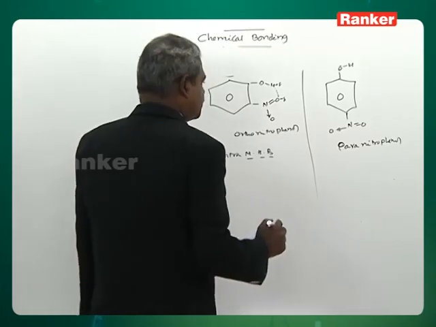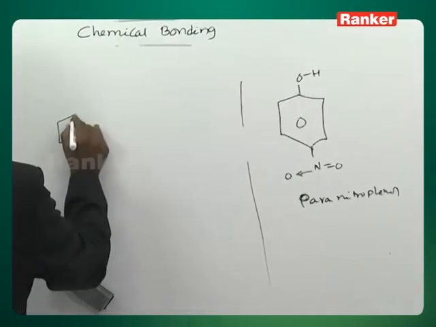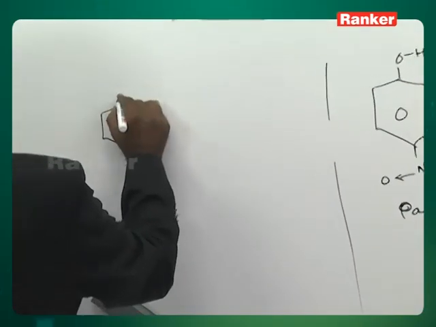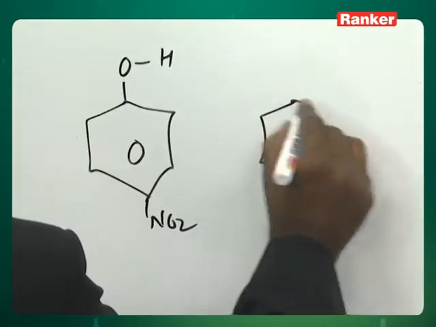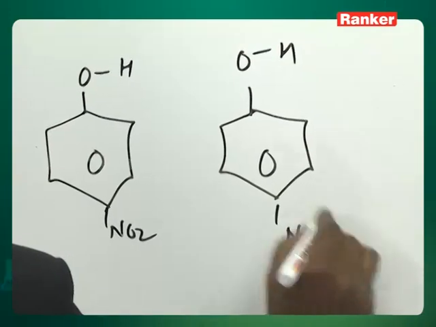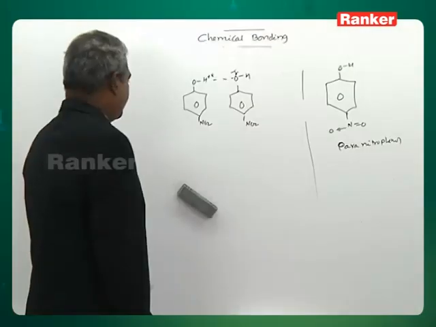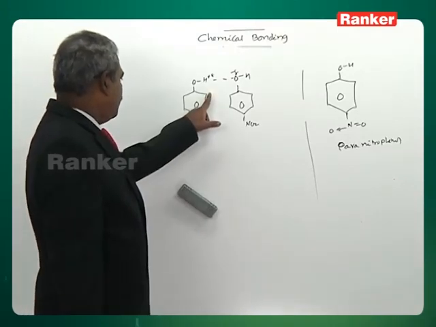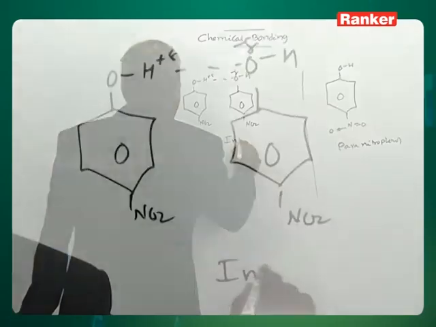But in the case of paranitrophenol, the intermolecular hydrogen bonding is possible. You take another molecule of OH. Since this hydrogen is free, plus delta, minus delta, look here. Earlier NO2 was here, therefore it was intra, this is intermolecular hydrogen bond.